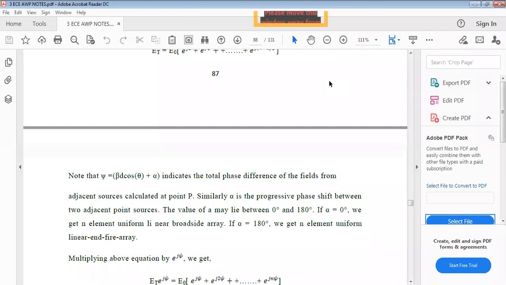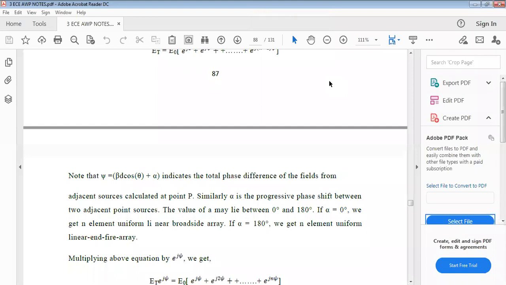What is meant by beta there? Wave number. When we consider free space, we always consider the wave number. So the total phase difference equals beta into the path difference. What is the path difference between the two point sources at the point of observation P? d cos phi.